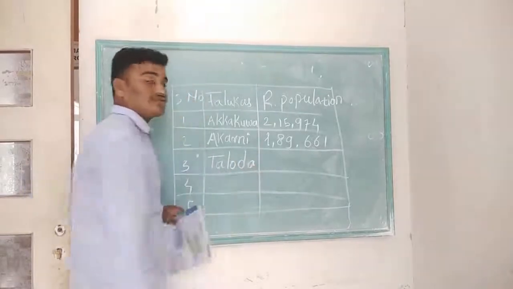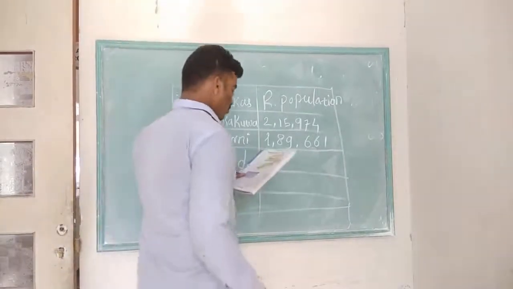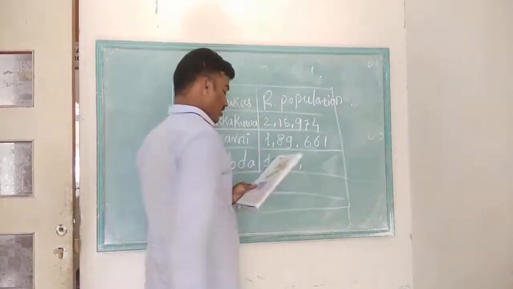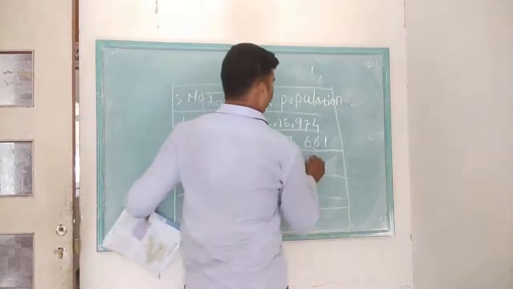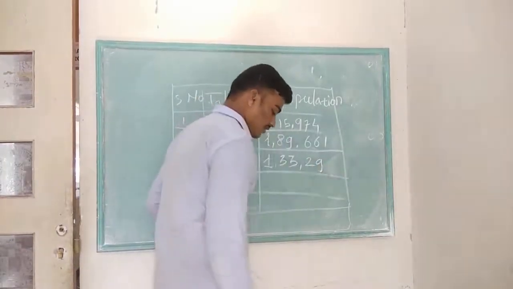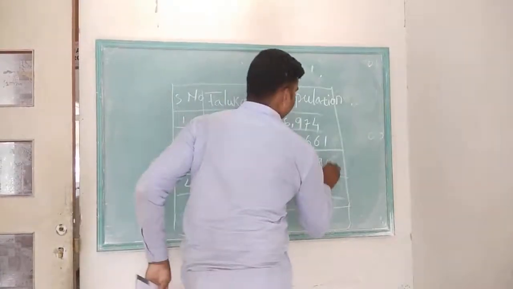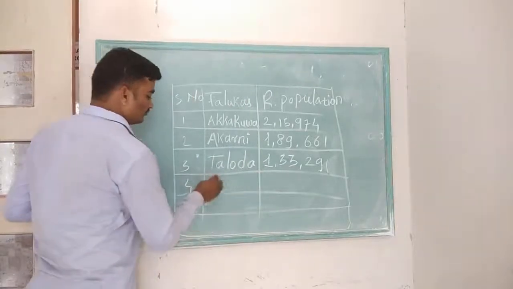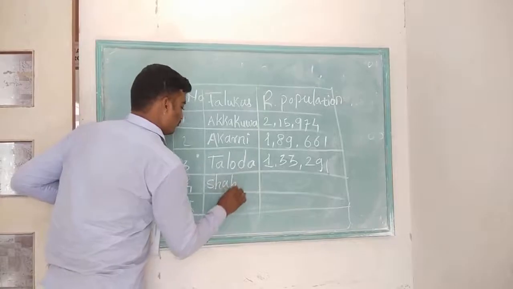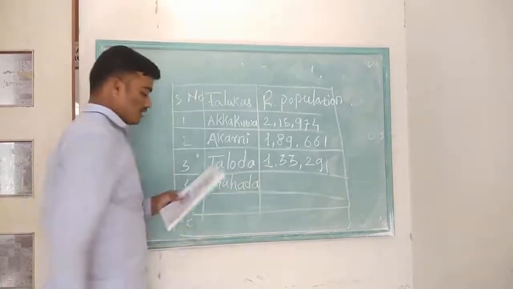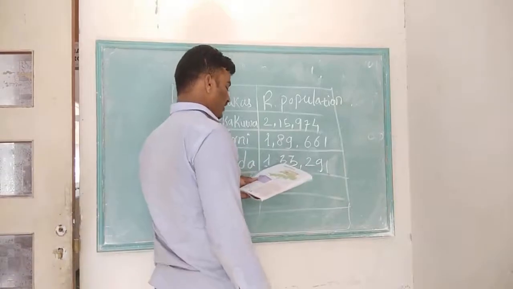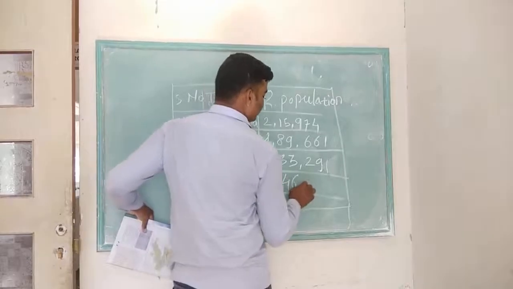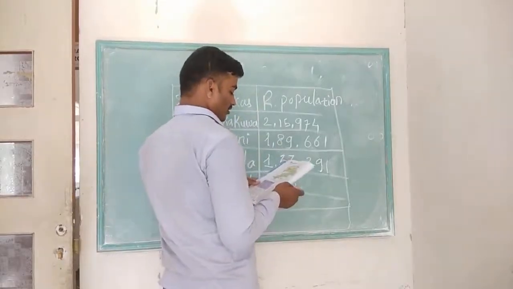In Marathi it is pronounced as Taloda. So 1,33,291. Next, Shahada taluka, 3,46,352.